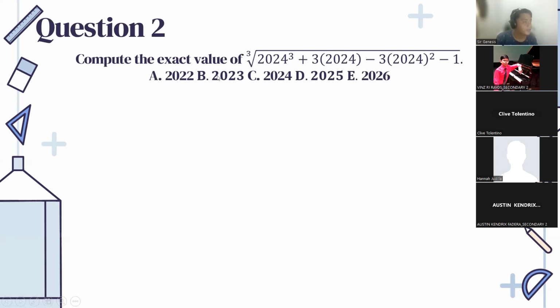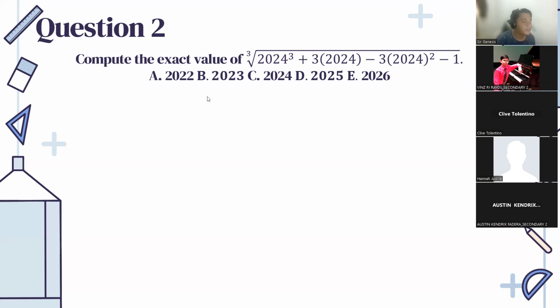Compute the exact value of cube root of 2024 raised to 3 plus 3 multiplied to 2024 minus 3 multiplied to 2024 quantity squared minus 1. If you're familiar with special products, yes, this meeting is being recorded, don't worry.